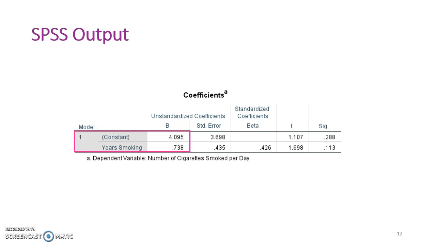Constant means intercept, and that's the value that we calculated, 4.095. In the second row, years smoking, remember that years smoking is the predictor. This is the predictor of the dependent variable outcome, number of cigarettes smoked per day. And so we know that the slope estimate is 0.738. This is where we would find those coefficients in an SPSS table.